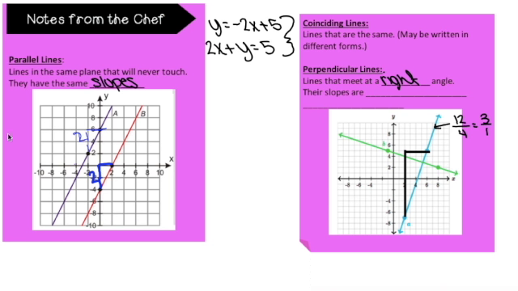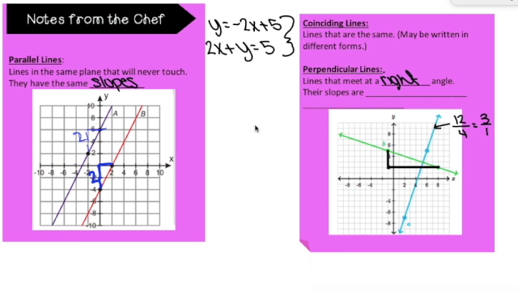If I look at the green line, I'm going to move these out of the way, and let's see if we can find the slope for the green line. So I'm going to go down and over.